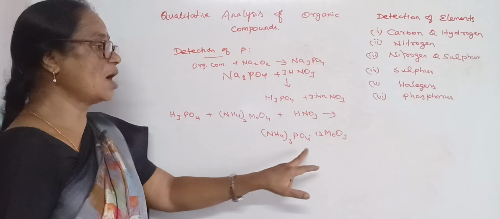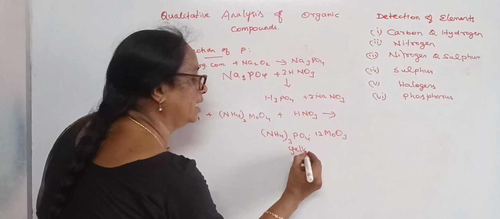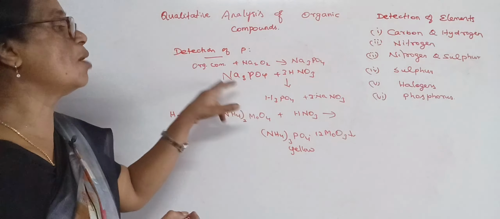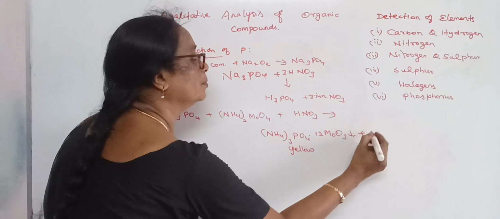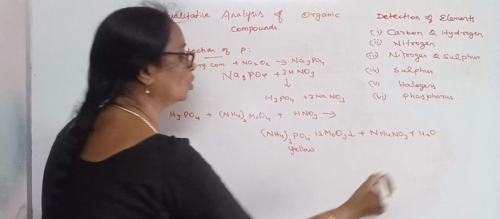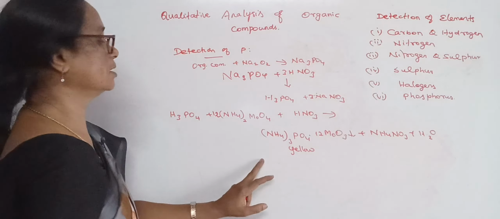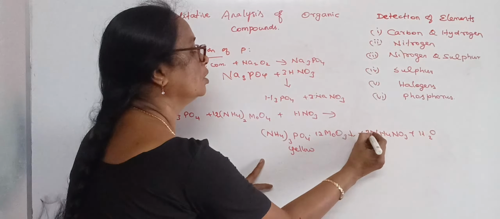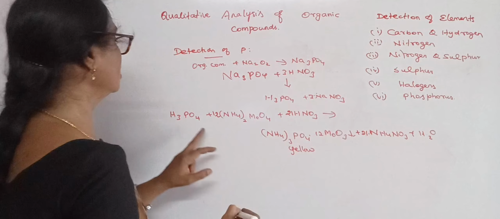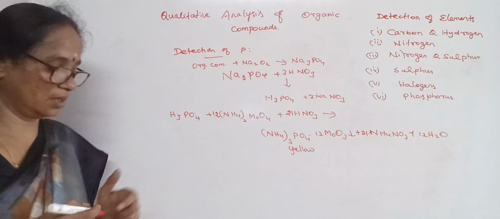The formation of ammonium phosphomolybdate is confirmed through its color change, the yellow coloration or precipitate, that confirms the compound contains phosphorus, plus NH4NO3 plus H2O. This is 12 times, here 21 times, so this is 21, and the water will be 12 H2O. That's all.